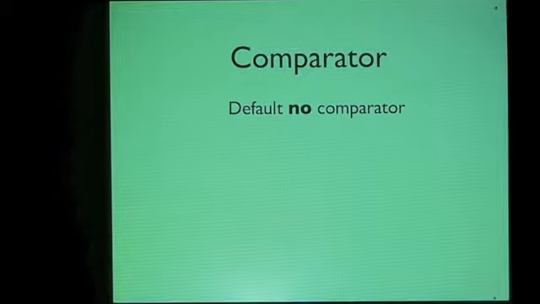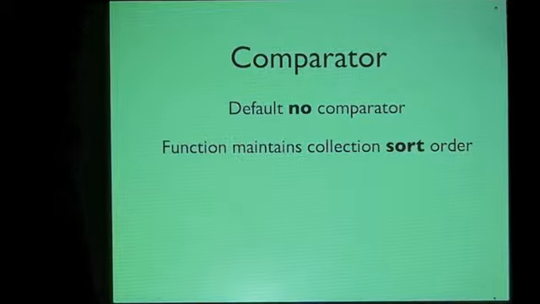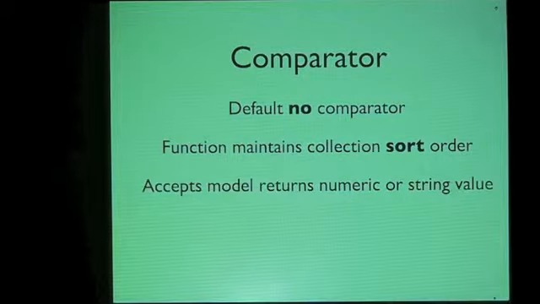Comparators. Every collection has a comparator. Sorry, the default is no comparator. It is a function, and what it does is maintain the collection sort order. As you add a new model to a collection, it'll be inserted using the comparator into an order, because all items in that collection are maintained in order according to the comparator.